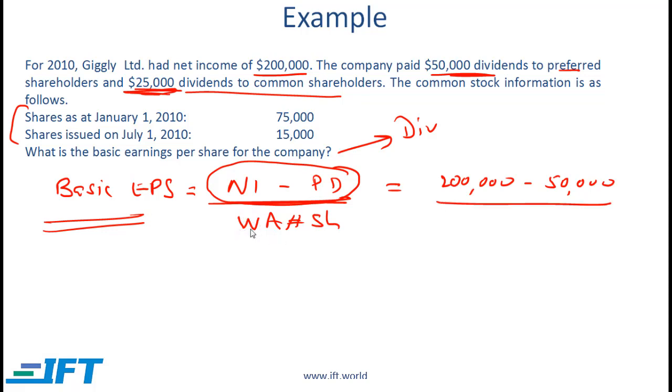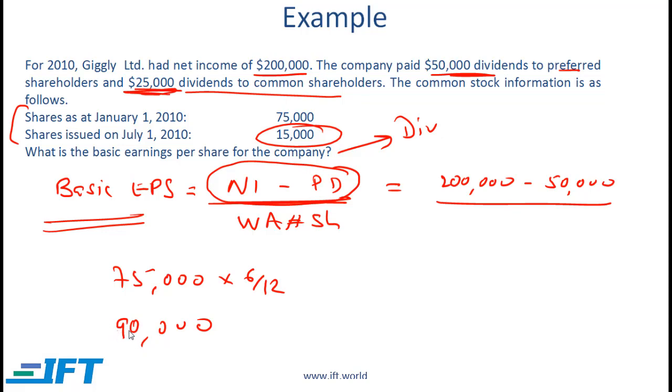We need to also compute the weighted average number of shares outstanding. We had 75,000 at the start of the year, and this was the number of shares that we had for 6 months. So we multiply this by 6 over 12, and then for the second half of the year we had 15,000 new shares, which means that we then had a total of 90,000. 75,000 plus the new 15,000 gives us 90,000.